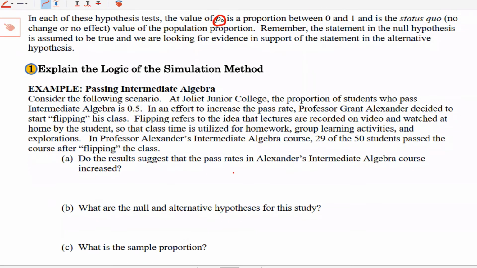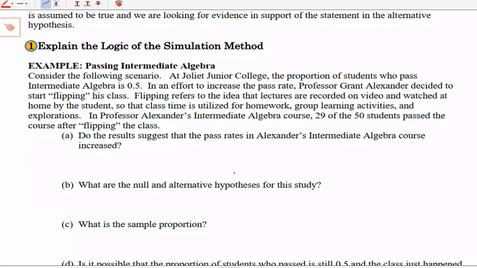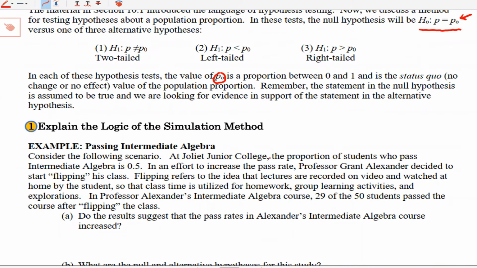So let me go through the logic of this simulation method with a scenario. At Joliet Junior College, the proportion of students who pass intermediate algebra is about 0.5. In an effort to increase the pass rate, Professor Grant Alexander decided to start flipping his class. Flipping refers to the idea that lectures are recorded on video and watched at home by the student so that class time is utilized for homework, group learning activities, and explorations.